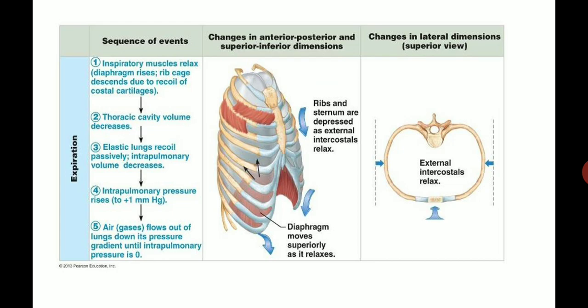Control of breathing movements. The breathing movements are largely controlled by a respiratory center located in the medulla oblongata of the brain. This center is stimulated by the carbon dioxide content of the blood. The more the carbon dioxide content in the blood, the faster is the breathing.